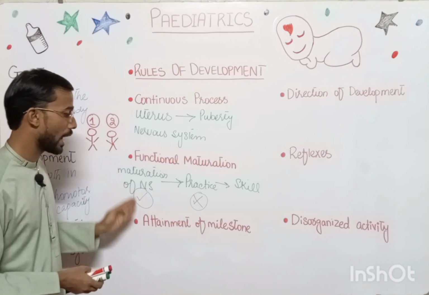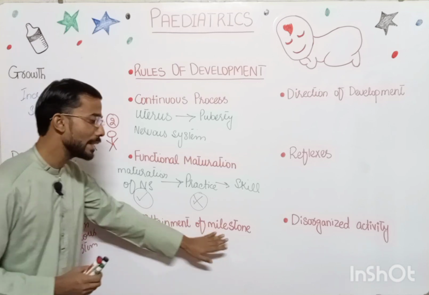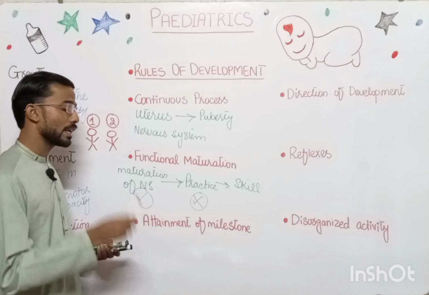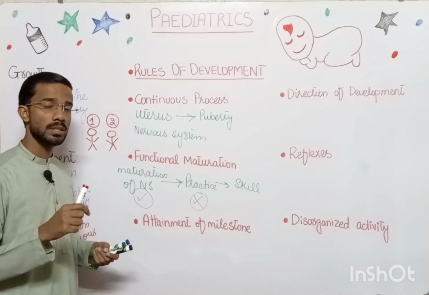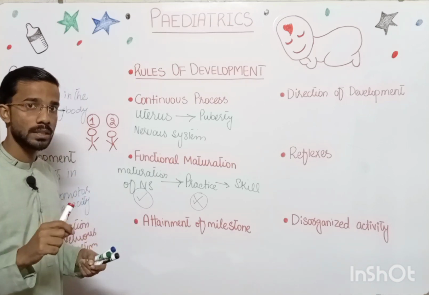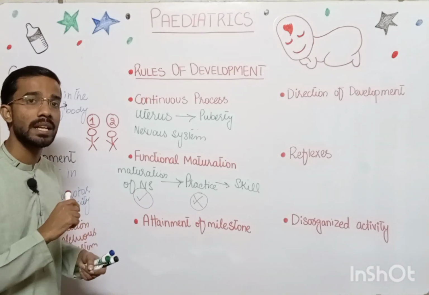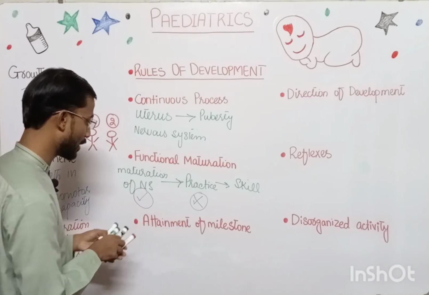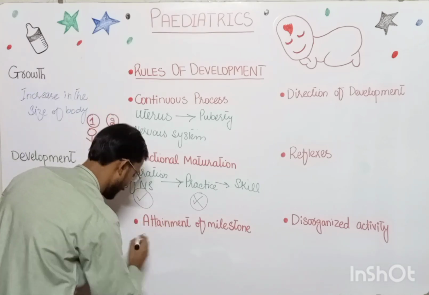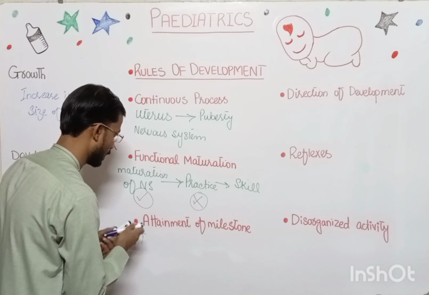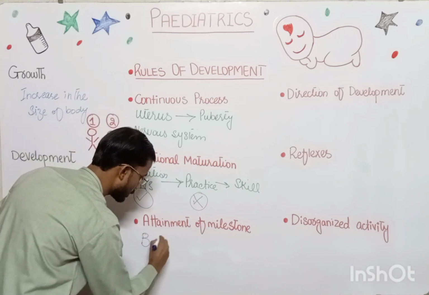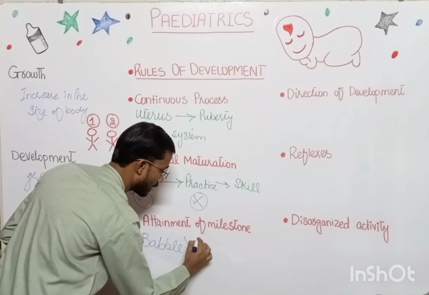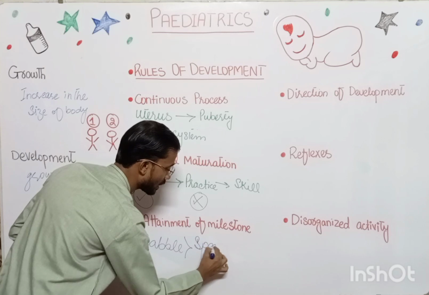Third one is the attainment of milestones. Milestone means maturation of the nervous system. So nervous system maturation starts and it continues in a sequence. You can easily understand with the example that the child babbles first, then speaks in words.